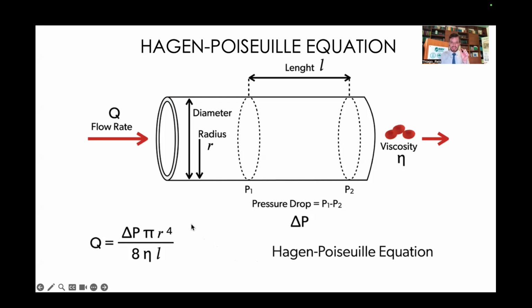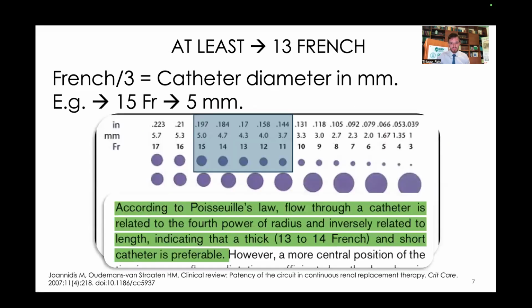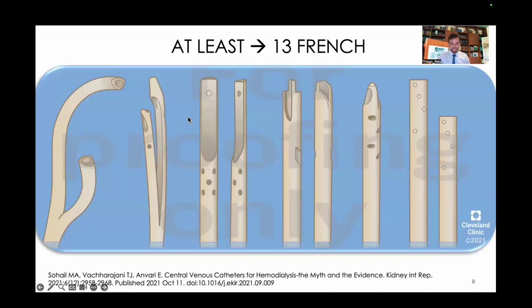So small differences in the radius have a huge impact on resistance to blood flow. The unit for the diameter of catheters is French. If we divide French by 3, we have the diameter in millimeters. So a 15 French catheter has 5 millimeters of diameter.